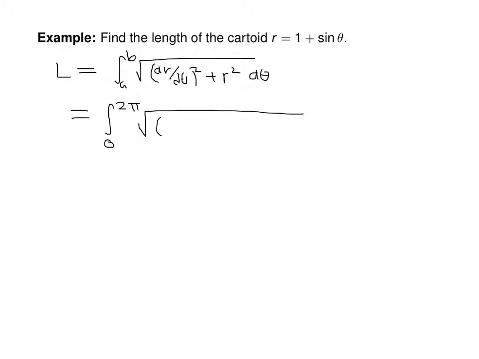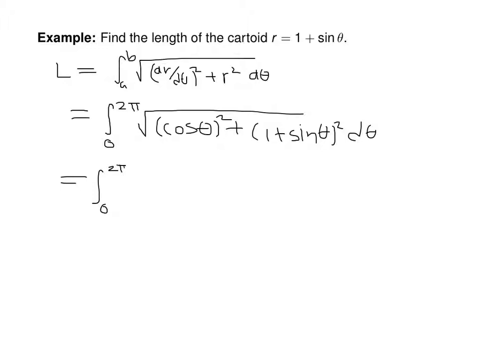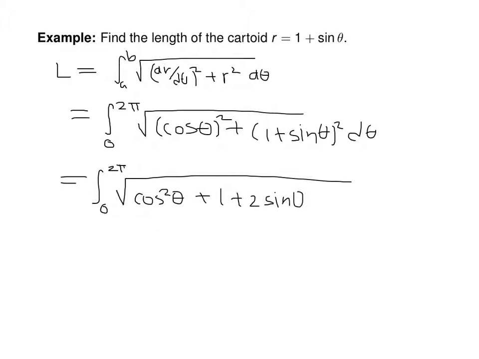Now dr/d theta is cosine of theta, so we have cosine of theta squared plus the quantity 1 plus sine of theta squared, d theta. Let's simplify this a little bit, even though we're not going to work it out all the way. So cosine squared theta plus 1 plus 2 sine theta plus sine squared of theta.